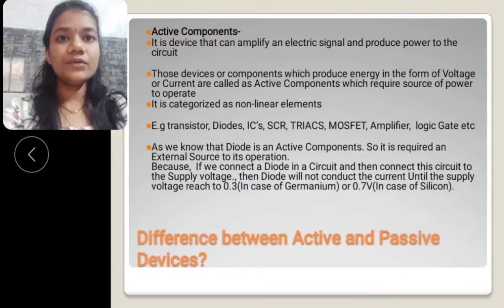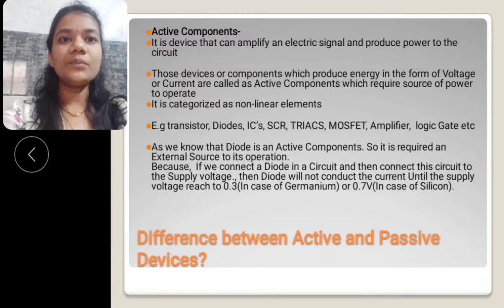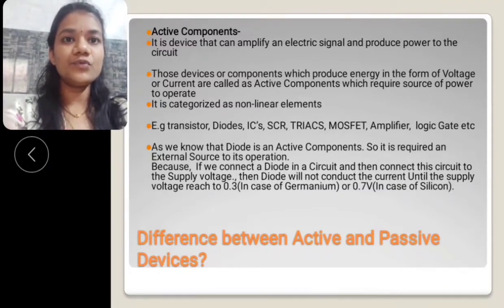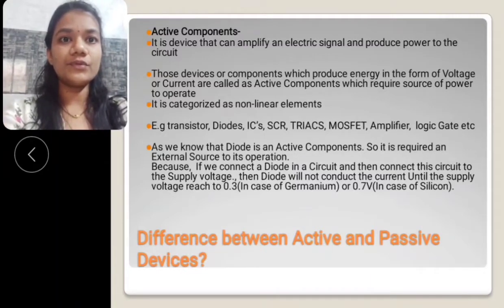Now we are going to see the difference between active and passive components. First is the active component. An active component is a device that can amplify an electronic signal and produce power to the circuit.